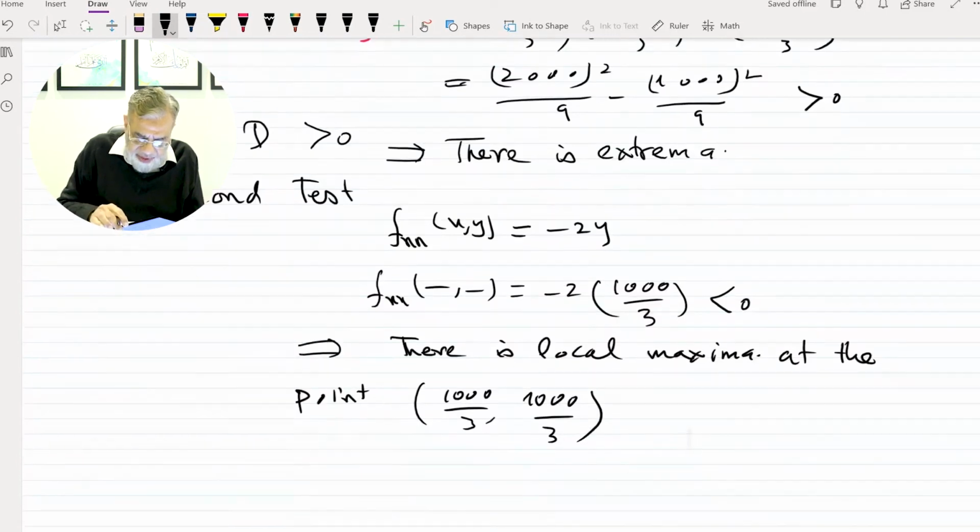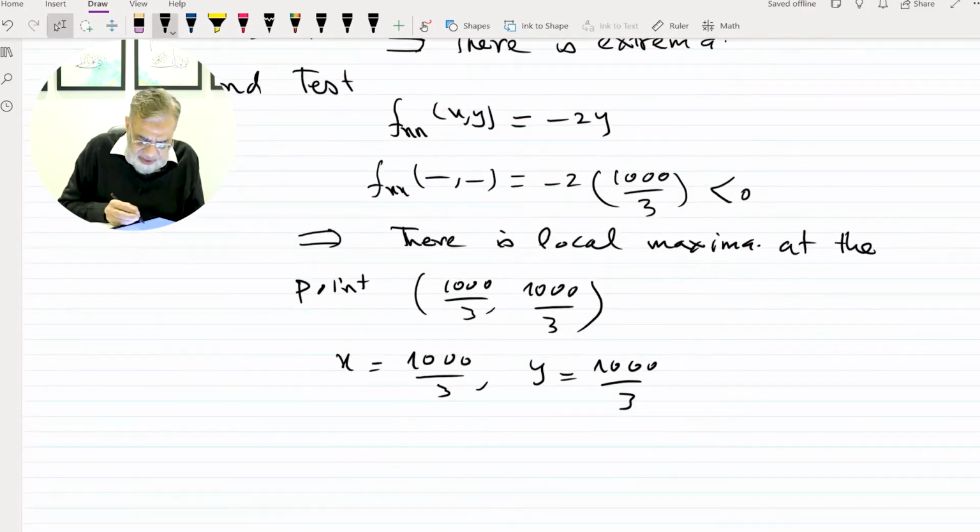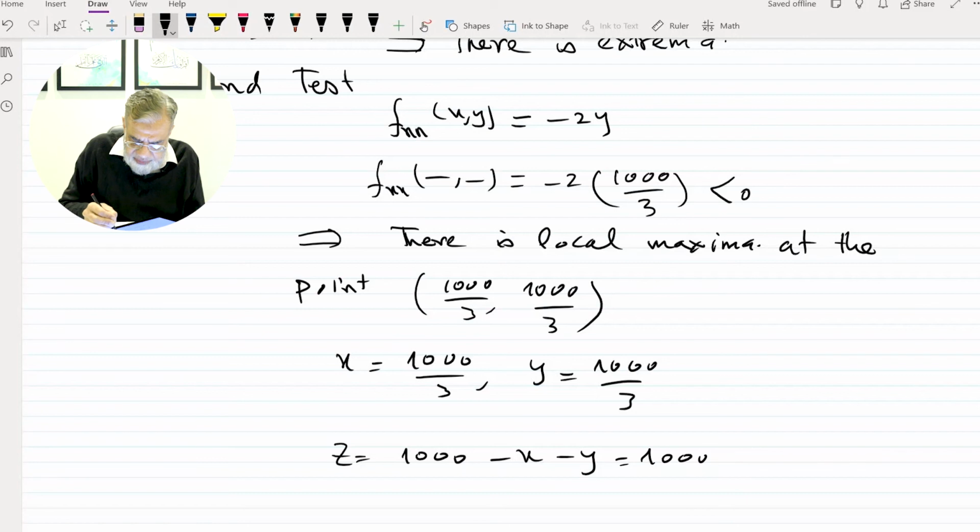So we can find the values of x, y, z. Our x is 1000 by 3, and y is 1000 by 3. We want to calculate the value of z. What's the value of z? z is equal to 1000 minus x minus y, which is 1000 minus 1000 by 3 minus 1000 by 3. When we calculate it, we again get 1000 by 3.